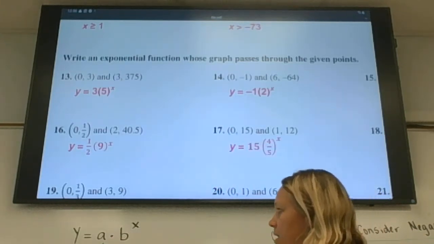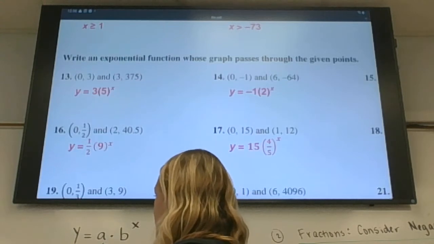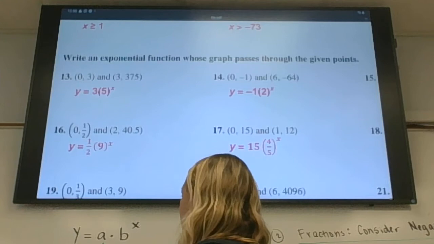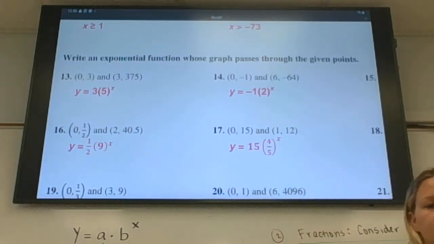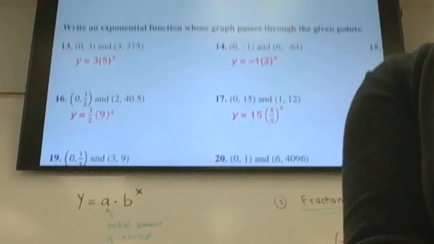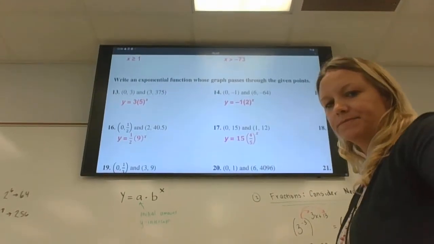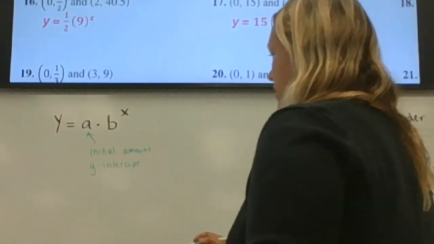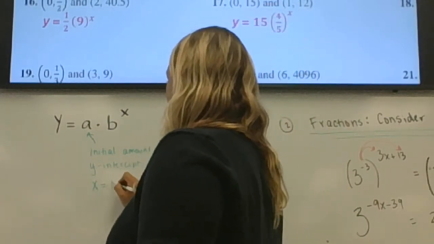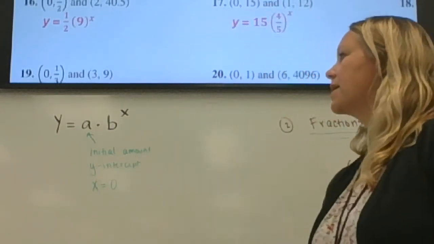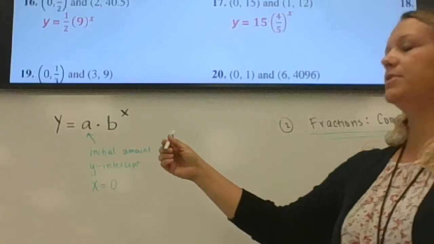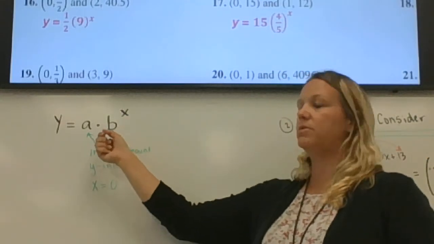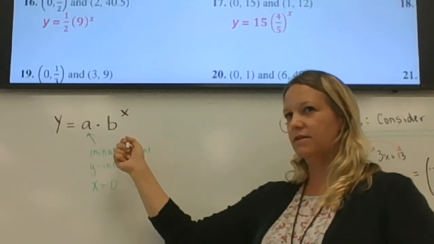That initial amount is also the y-intercept, the point where x is 0. Because if I put a 0 in for x, anything to the 0 power is 1, so it would be a times 1.